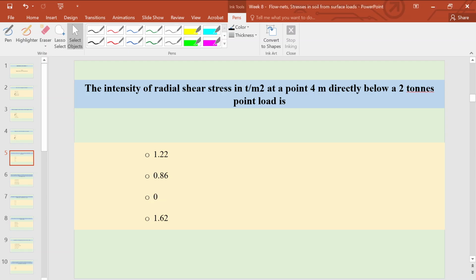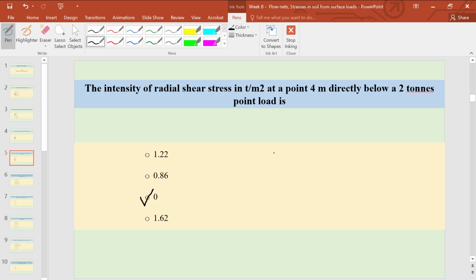The intensity of radial shear stress in ton per meter square at a point 4 meter directly below a 2 tons point load is. What is the answer? 0, sir. Yes, 0, because it is directly below the point load, so the radial distance is 0.